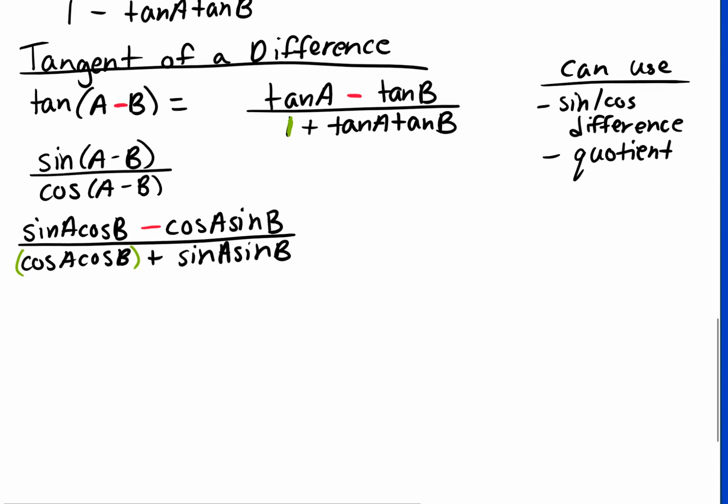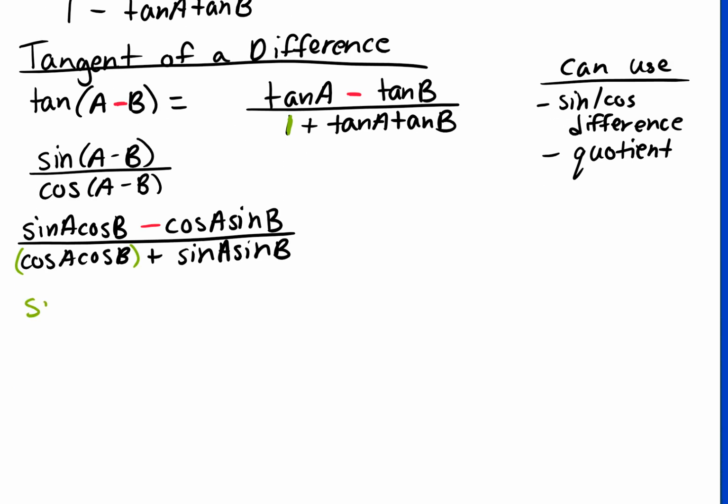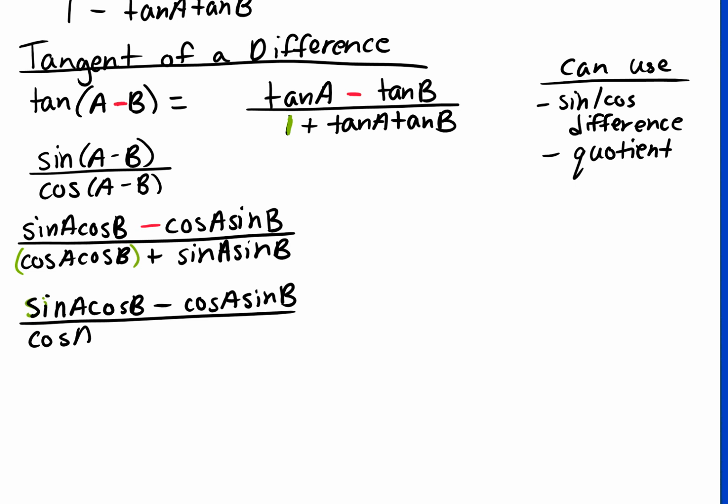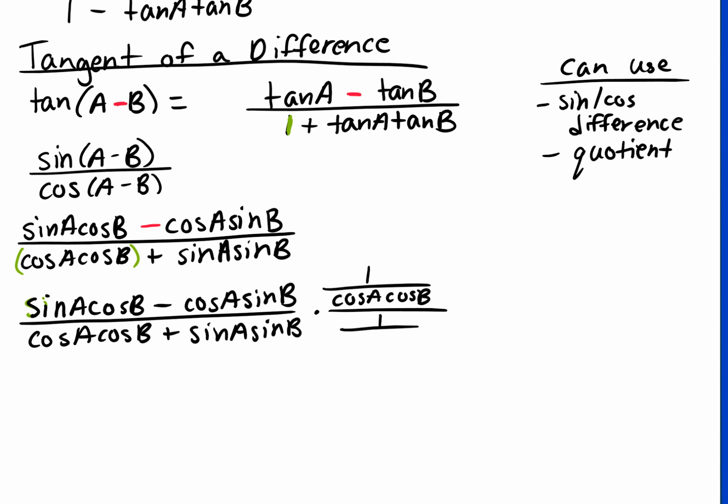So we're going to multiply the numerator and the denominator by 1 over cosine A cosine B again. Same exact step. And then if you need to distribute it through to see what to cancel, you can add that step in. I am skipping that step right now.